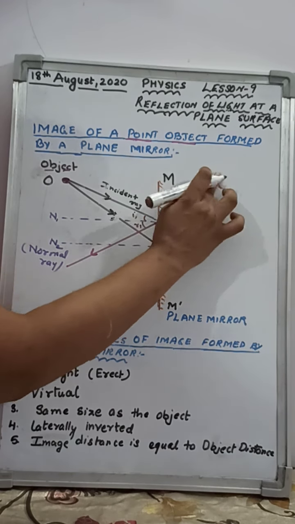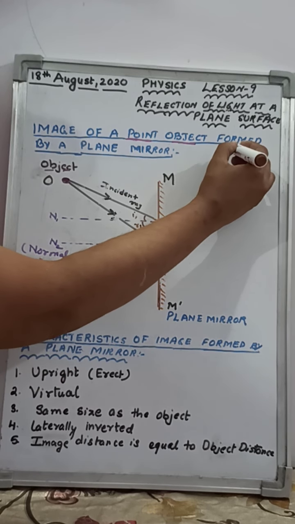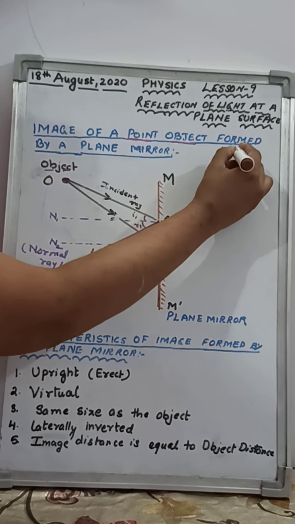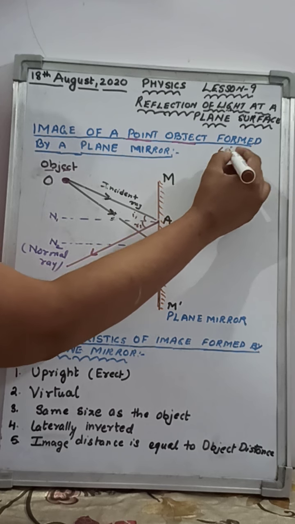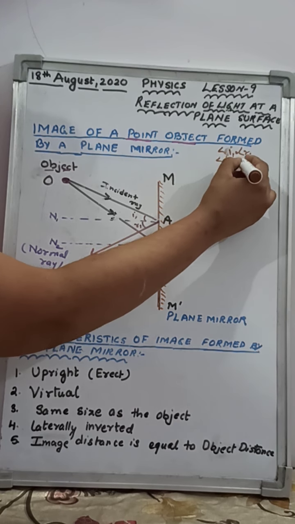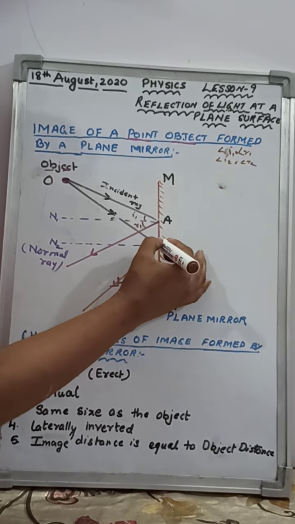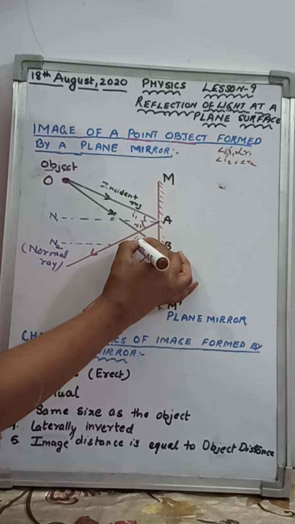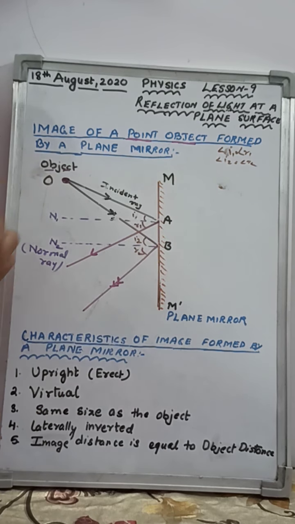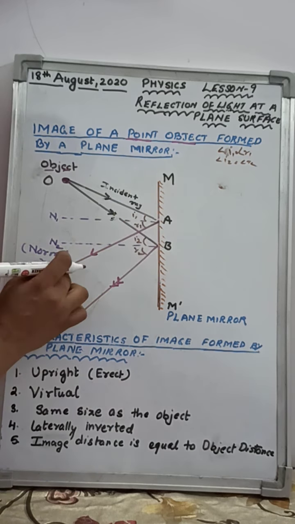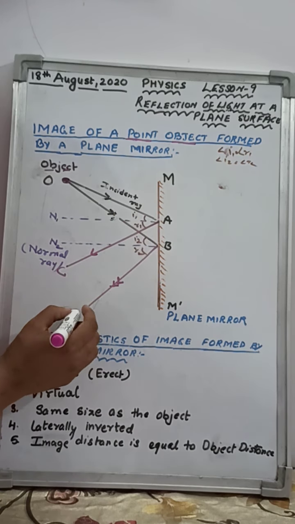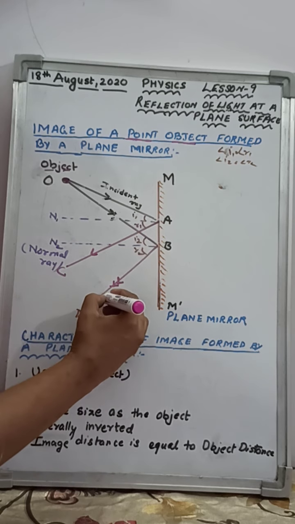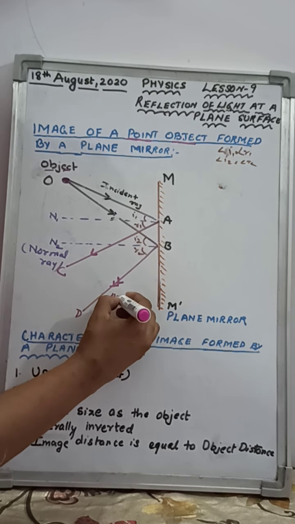So angle I1 will be equal to R1. I2 will be equal to R2 according to the law of reflection. So this is R2. And these reflected rays AC, BD, these two are the reflected rays.